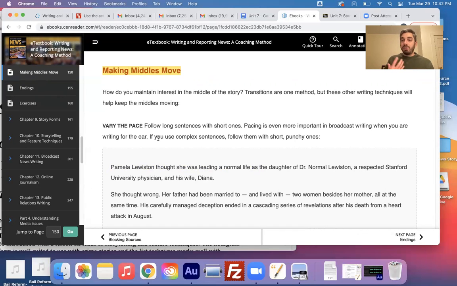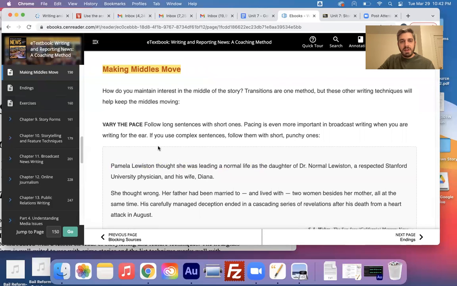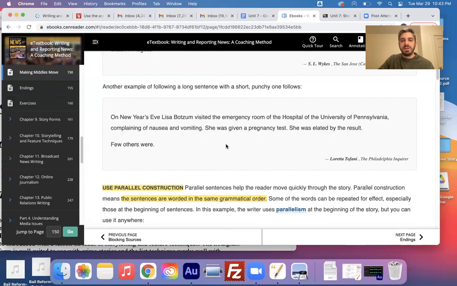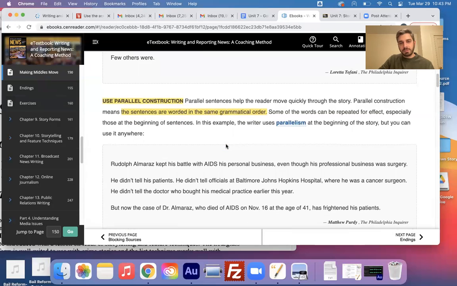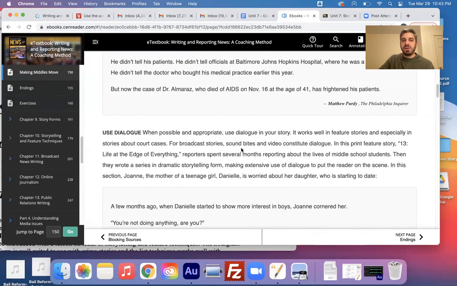So people have to breathe when you're speaking it. So that's why it's important too to have short sentences. If you use complex sentences, then follow them up with short, punchy ones. You can use parallel construction where the sentences are worded in the same grammatical order.